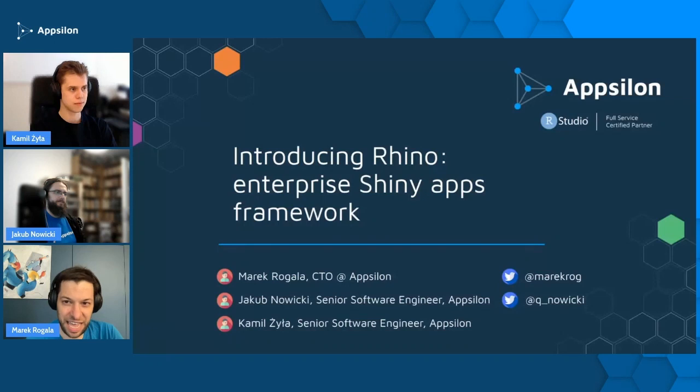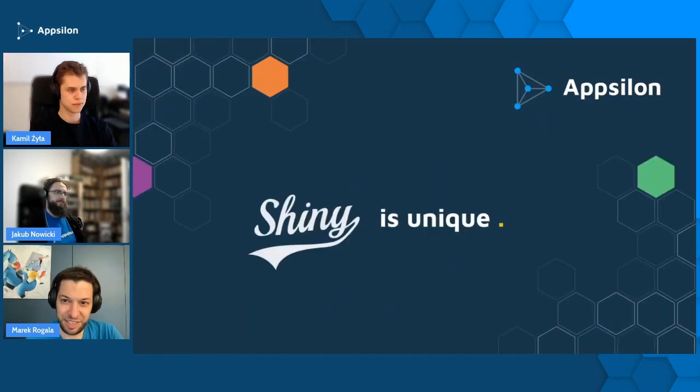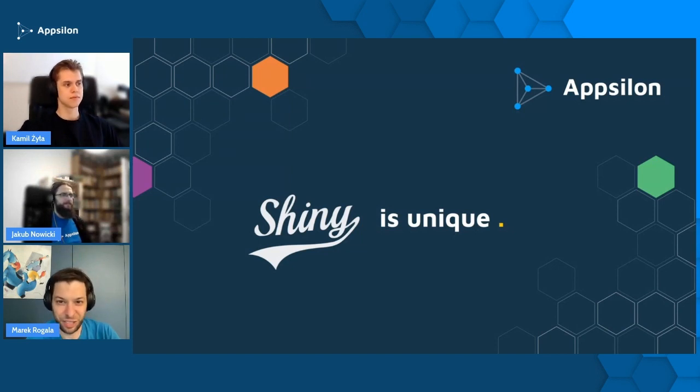Yeah, so today we'll be introducing Rhino, the enterprise Shiny applications framework. Let's start with Shiny. As many of you, at Appsilon we are dedicated to Shiny. So why do we all love Shiny? Well, it's a unique piece of technology.